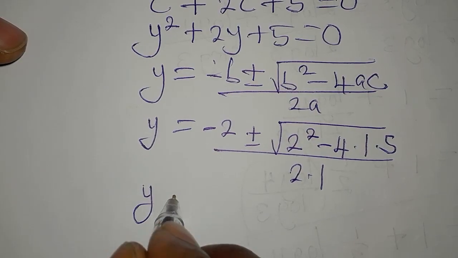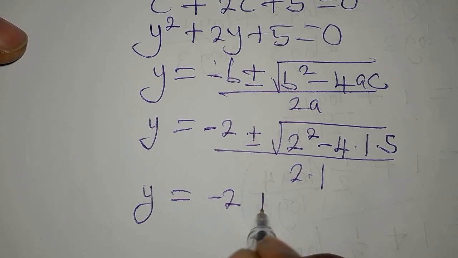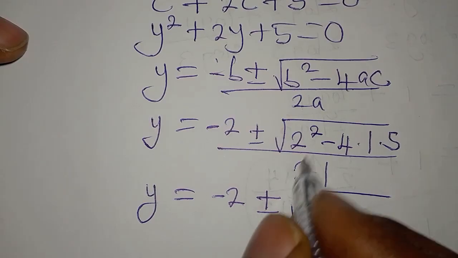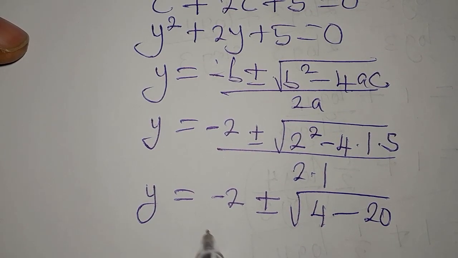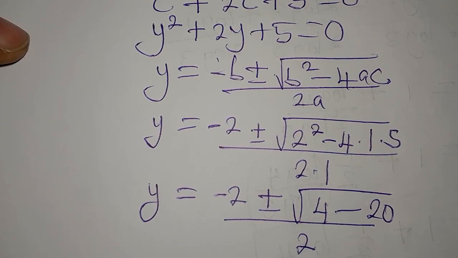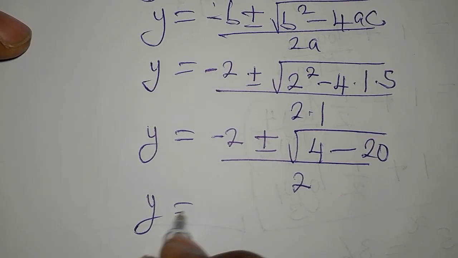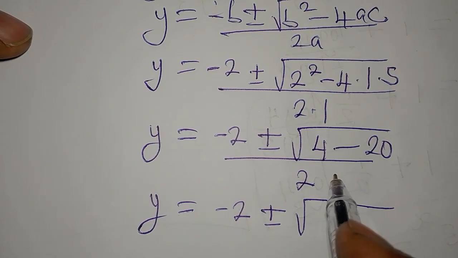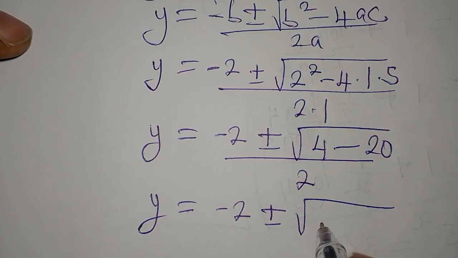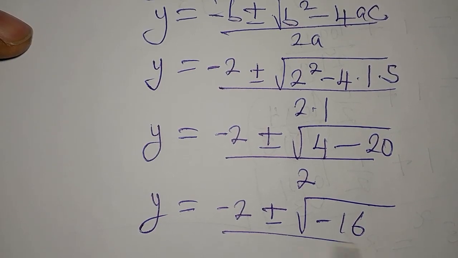Now our y is minus 2 plus or minus 2 squared is 4, minus 4 times 1 times 5 is 20. Divide all of this by 2. So y now is going to be minus 2 plus or minus 4 minus 20 is minus 16. Then we are dividing that by 2.